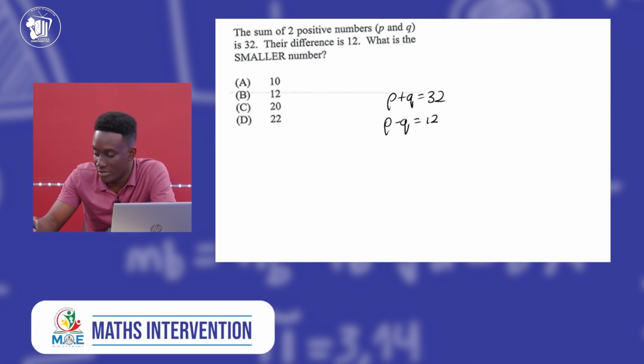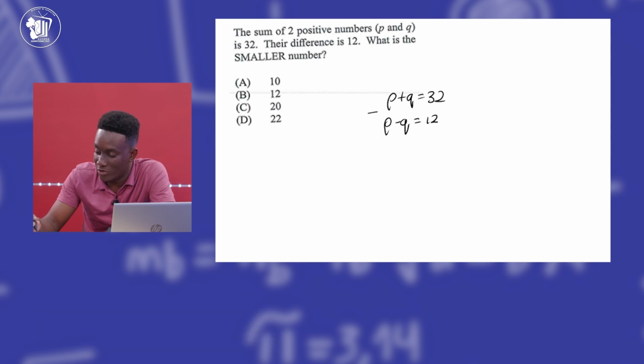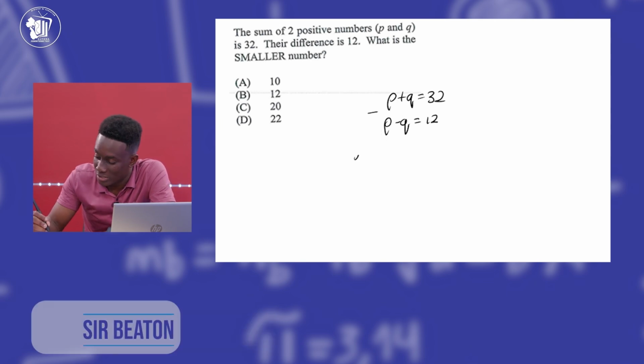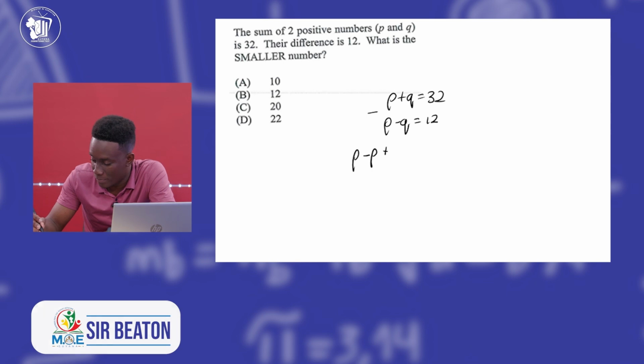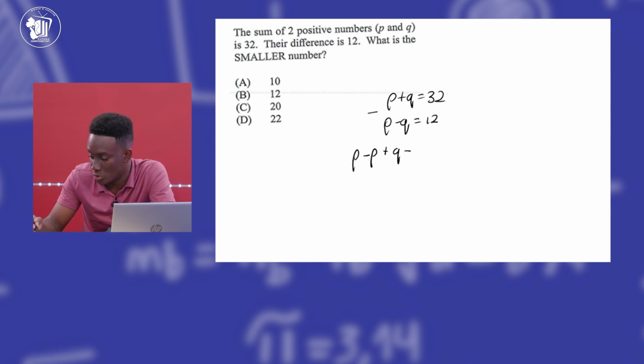So the coefficients here are already the same, so we just need to subtract the like terms. To get rid of this variable, we'll use the elimination method. So we'll have P subtract P plus Q subtract a negative Q is equal to 32 subtract 12.